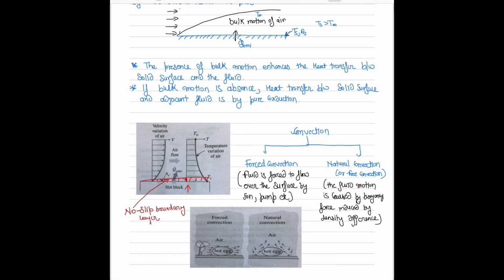In natural convection, the fluid motion is caused by the buoyancy force induced by the density difference, as shown in the figure here.